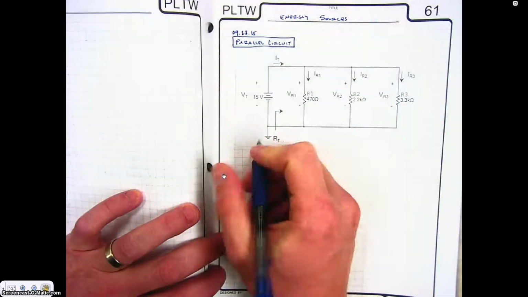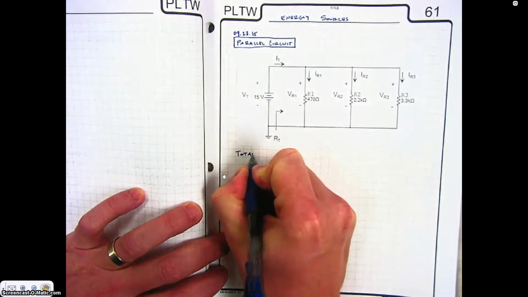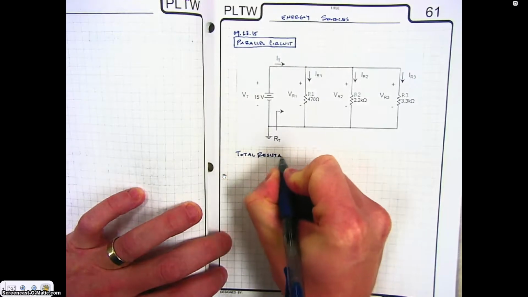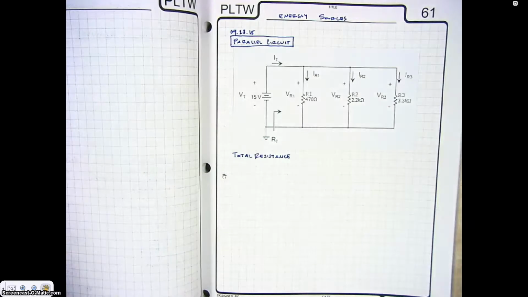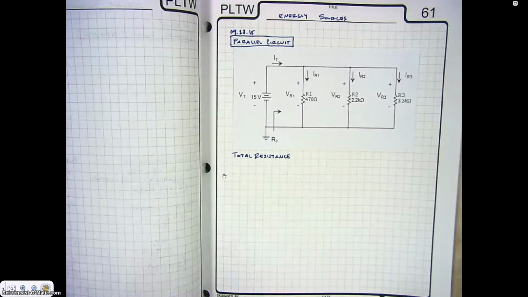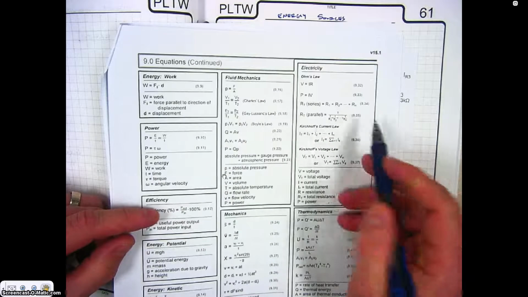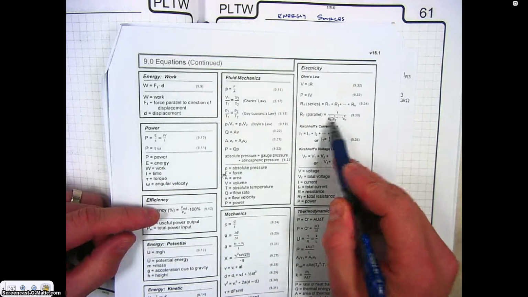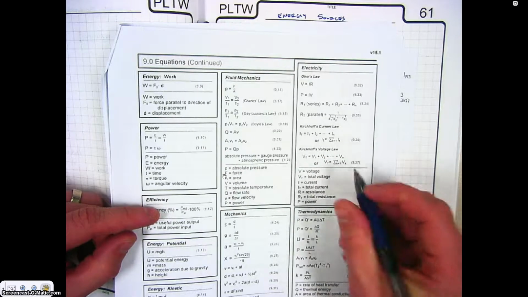So again, the first thing we're going to calculate here is total resistance. Total resistance in a parallel circuit is different than it was in a series circuit. The formula for total resistance in a parallel circuit is the reciprocal of each component's resistance.